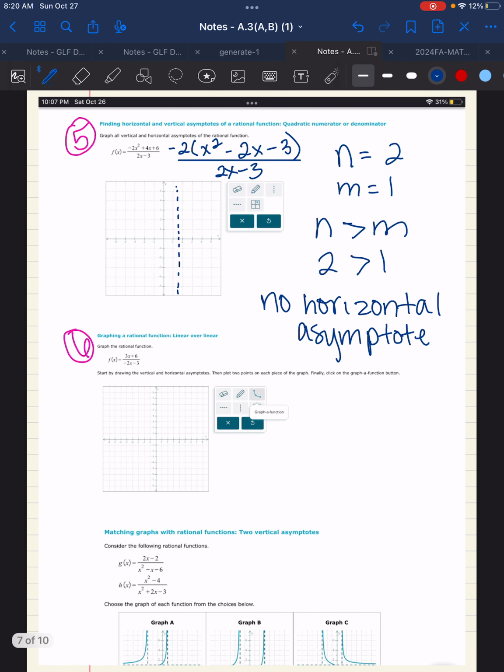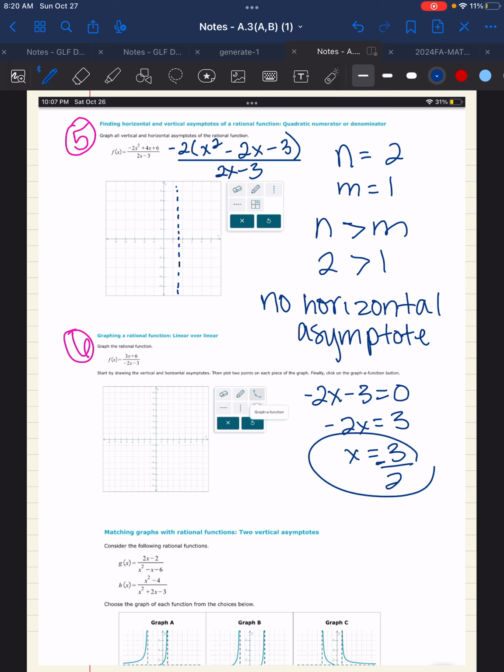Let's first find the vertical asymptote. To find the vertical asymptote, you are going to take your denominator and set it to equal 0. Again, feel free to pause the video to go ahead and solve this. Your vertical asymptote should have been negative 3 over 2.